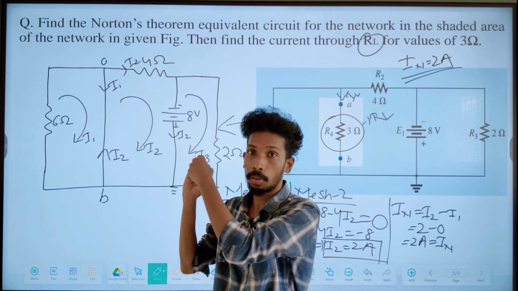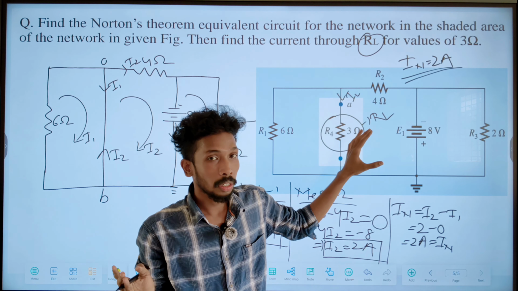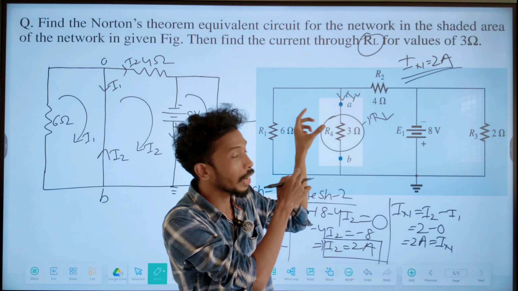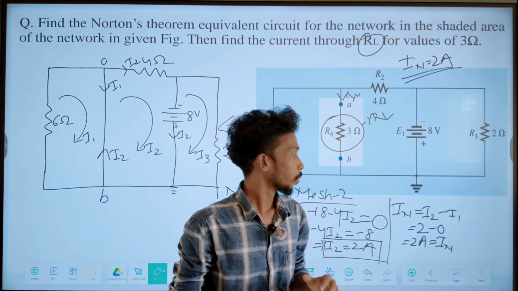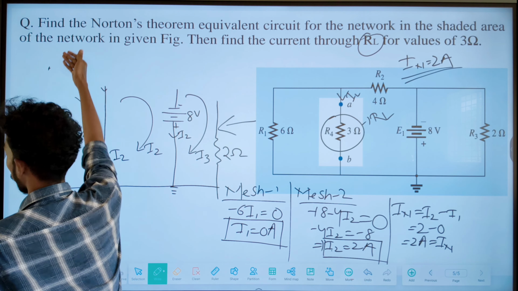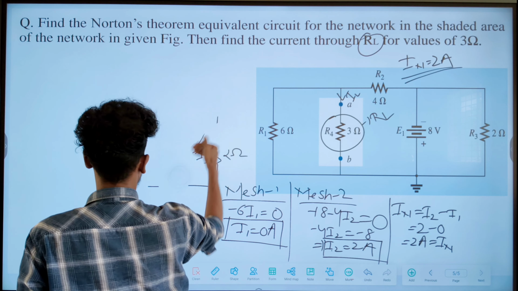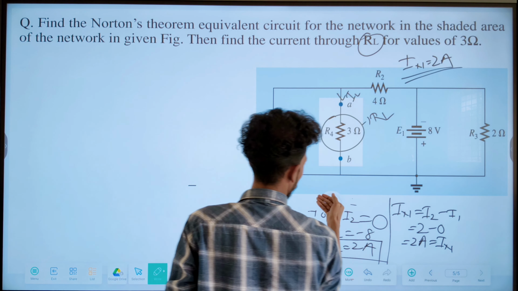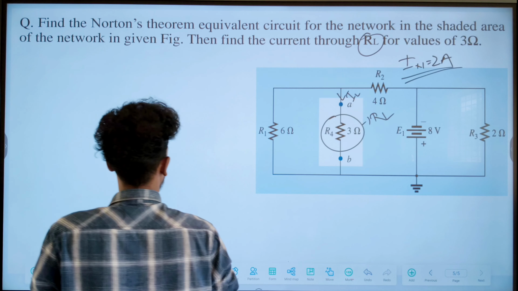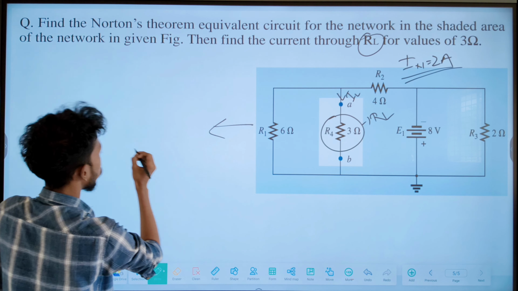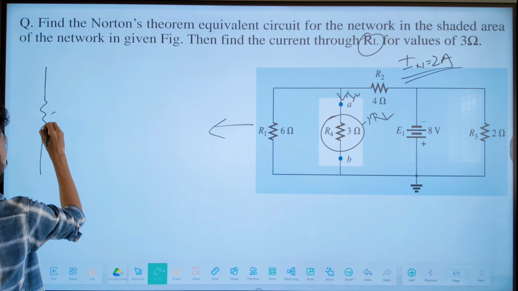Okay, so now we have found the total Norton current, that is 2 ampere. Now we are going to draw our second circuit. In the second circuit, we will remove our load resistor completely and make two ends, A and B, and we will find out the total resistance across the two ends. So now the second circuit will be 6 ohm resistance.